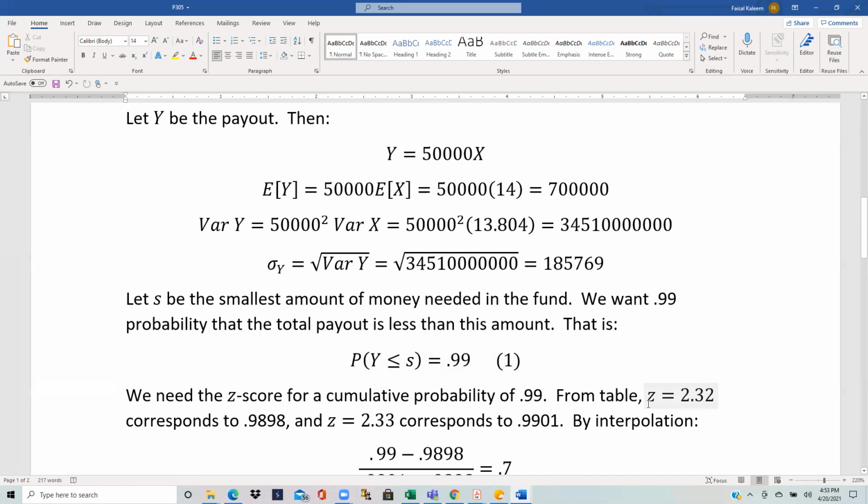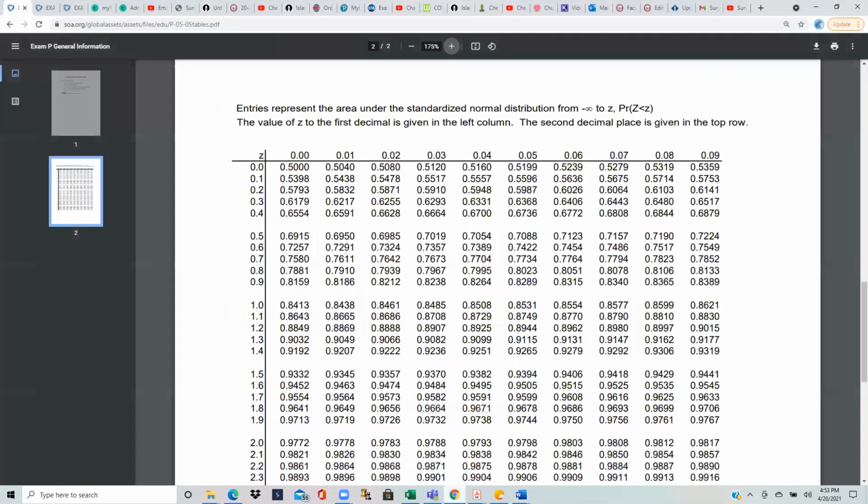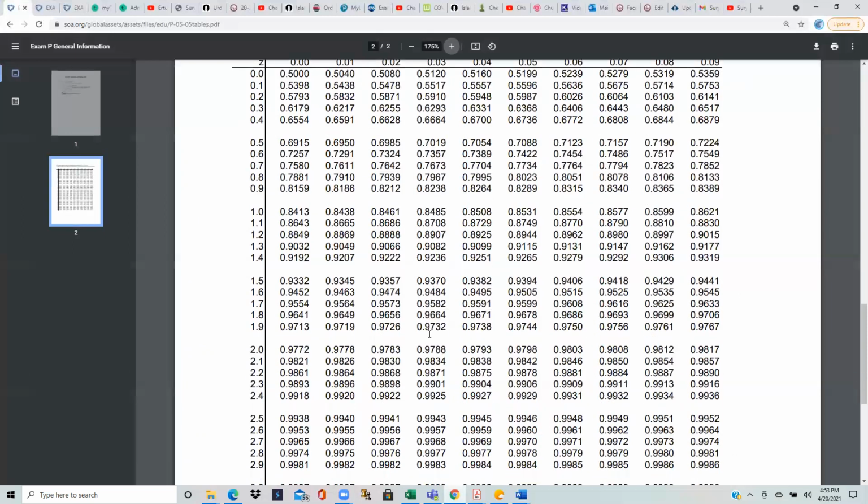So from the table, we're looking for a probability of 0.99. We see 0.9898 and 0.9901.